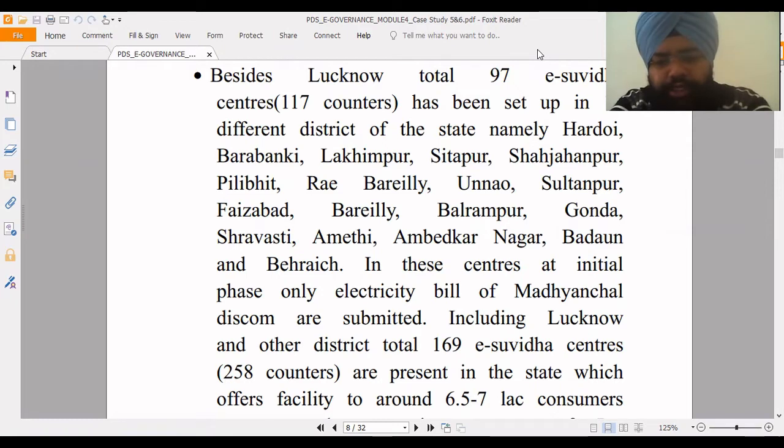In these centers, at the initial phase, only electricity bills of Madhyanchal Discom are submitted, including Lucknow and other districts.